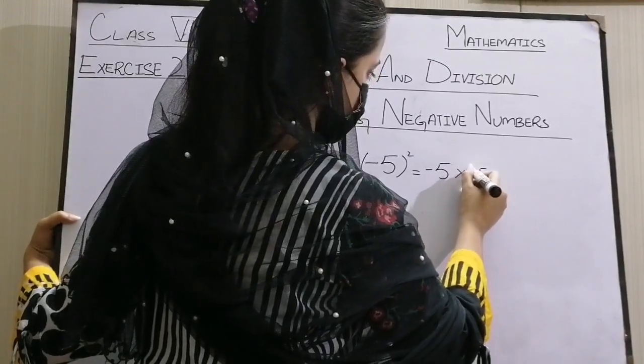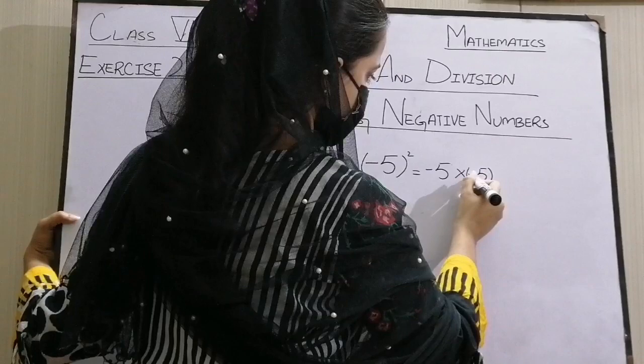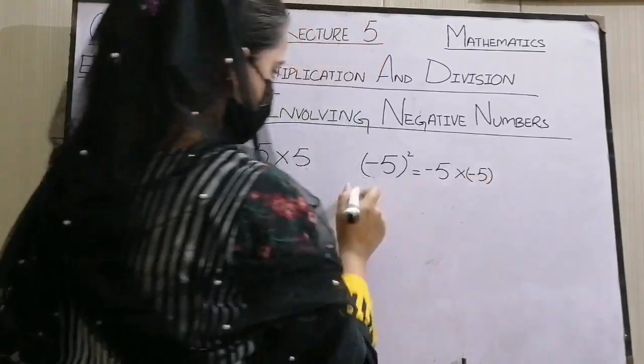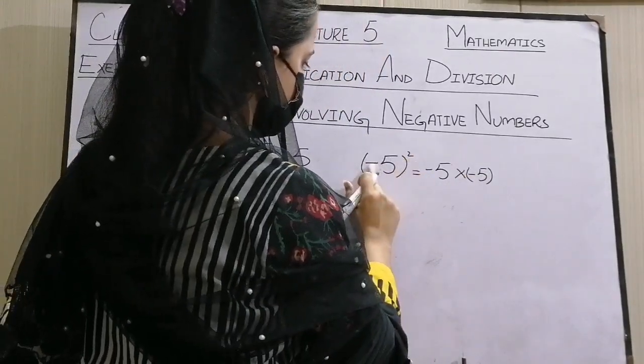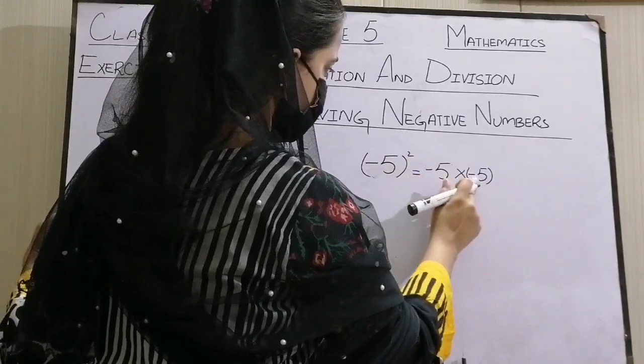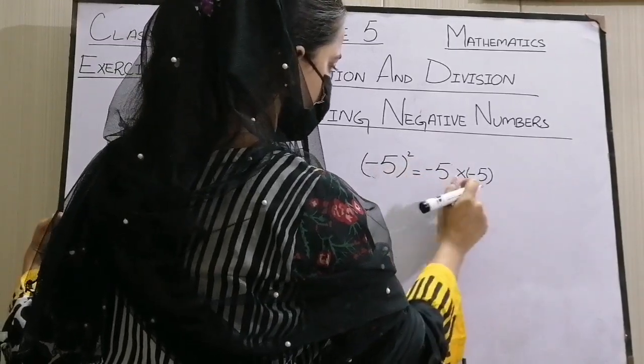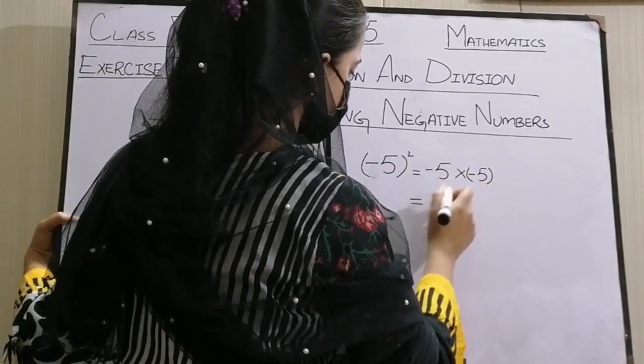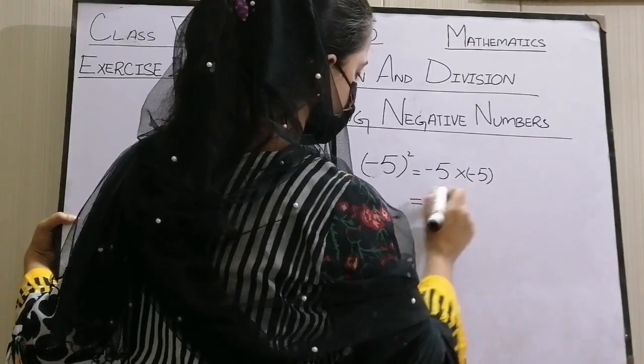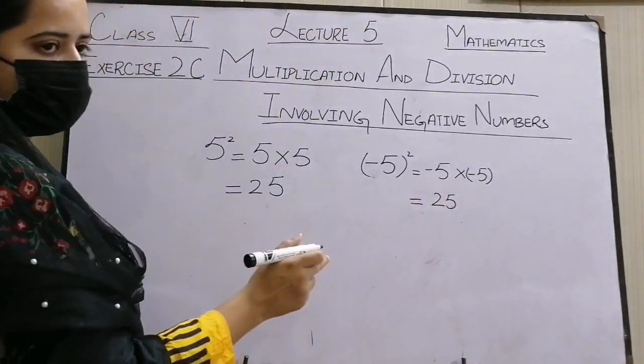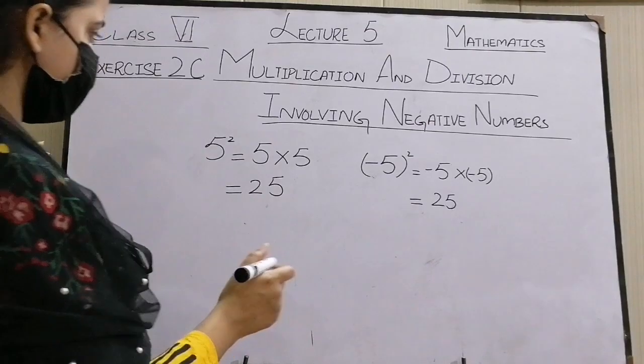Whenever two signs are together, we have to separate them using a bracket. So, minus 5 square means minus into minus, and 5 square, 5 into 5. Minus minus plus, 5 5s are 25. You do not have to write the plus sign here.